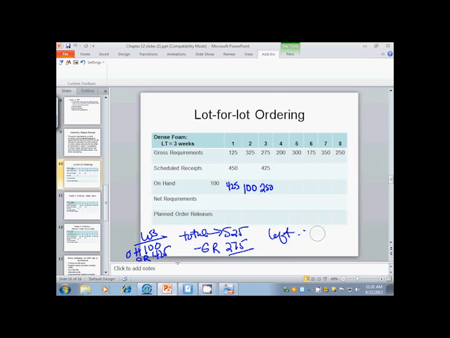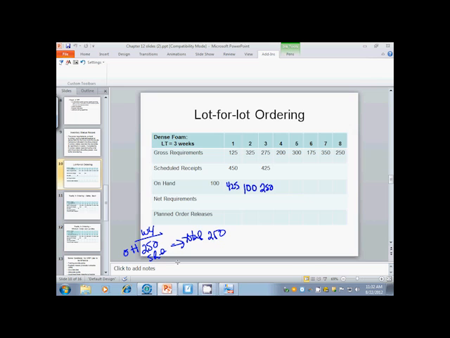Moving on to week 4. Week 4, I have 250 units left on hand. My scheduled receipts are 0, so that gives me a total of 250 units to use.